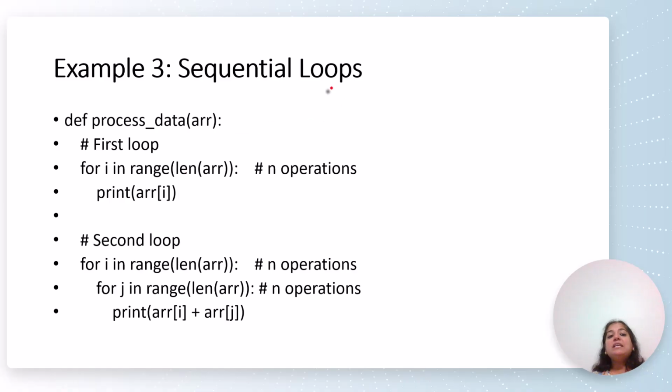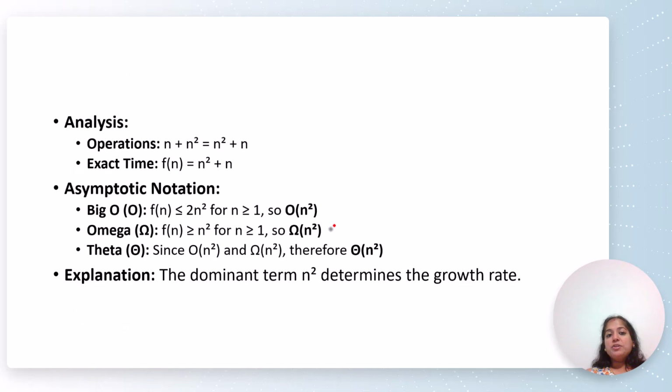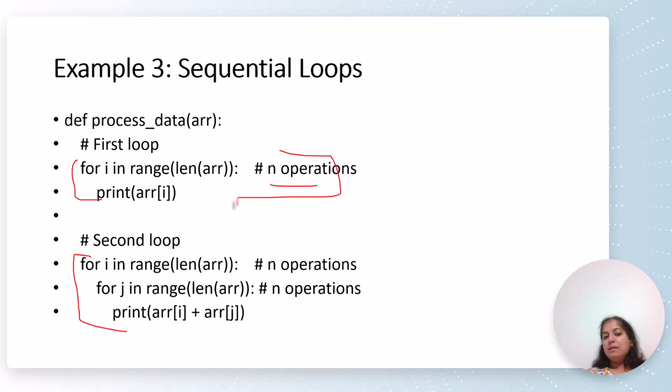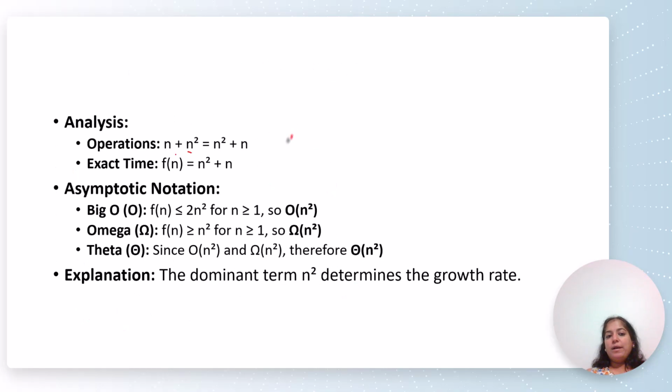One more example is the sequential loop. First we are performing a loop which executes n times. Then we are executing a nested for loop which executes n times n, which is n square. So the total operations here become n plus n square. First n, then n squared.